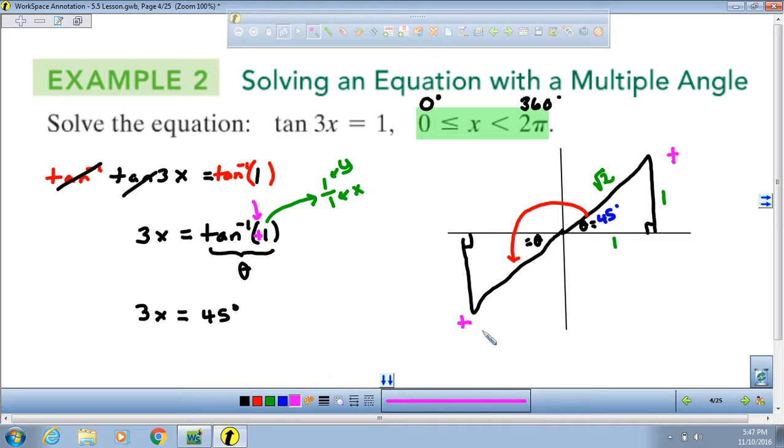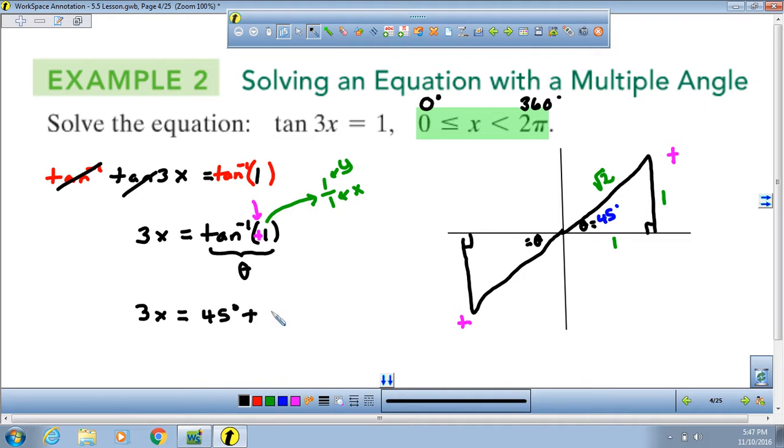And if I add another 180, it repeats again, and so on. So how do we write those repetitions? Plus 180 degrees k, where k is any integer.